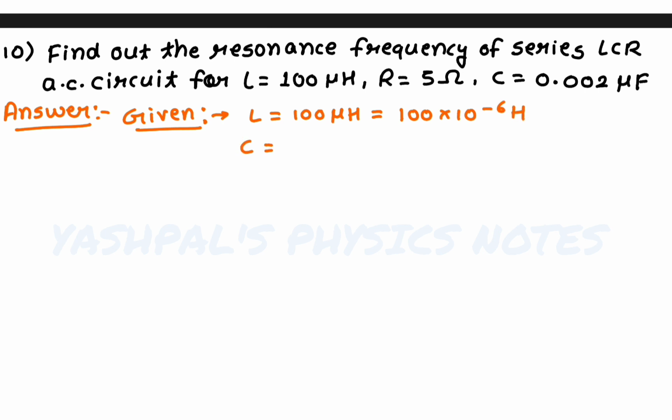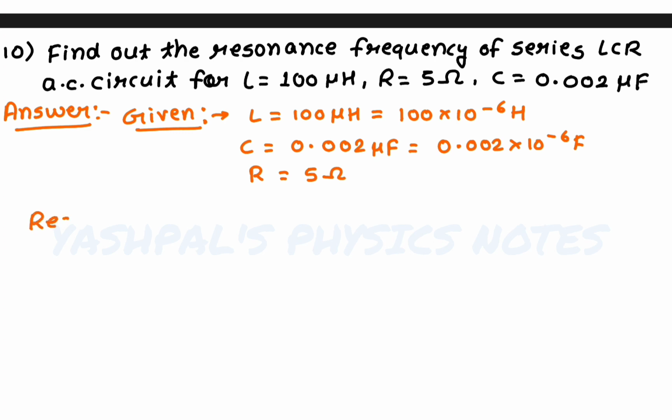Capacitance is 0.002 microfarad. So we can write 0.002 into 10 to the power minus 6 farad. Then resistance is 5 ohm. So you can see this is an LCR circuit. And we know the formula for resonance frequency in an LCR circuit.